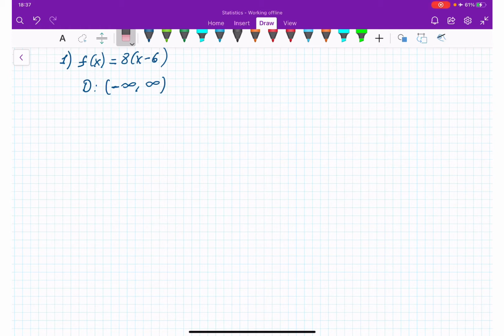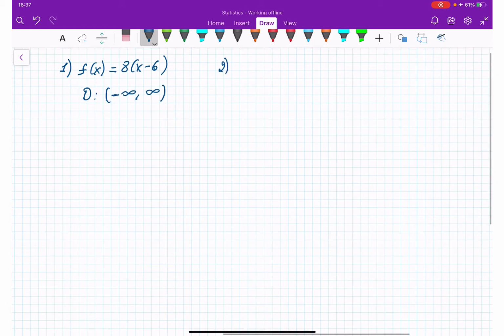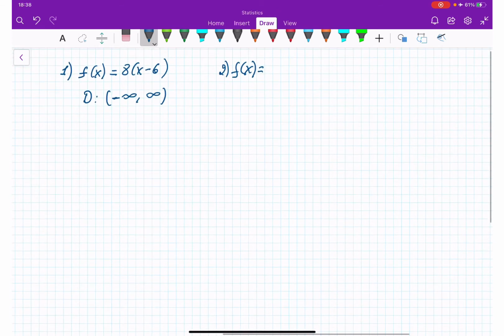Next one, question number 2. F of x is equal to 8 over x plus 13. Voila, here we have division, so we have to pay attention.